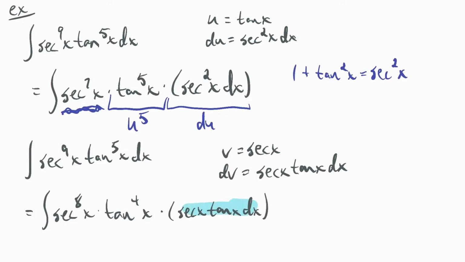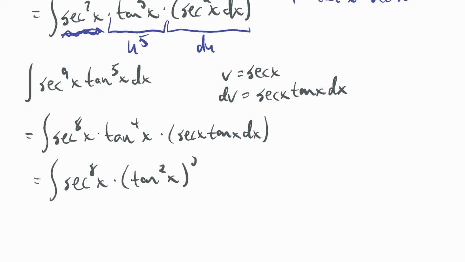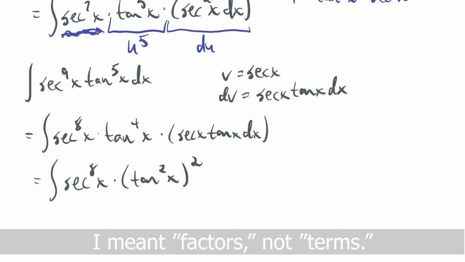So here is dv, right? Here is v to the 8th power. And here, what I need to do is write this as tangent squared in parentheses squared. And then I can use the Pythagorean identity to replace tangent with secant. So this is integral secant 8x. And notice that I'm just going to switch over to v all at once. It's improper to take some terms and turn them into the other variable and then do others later.